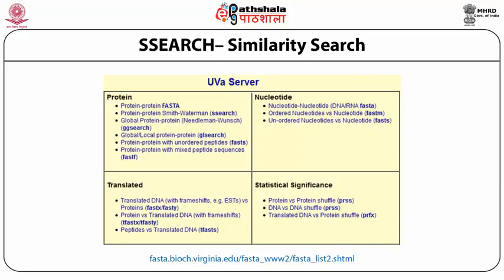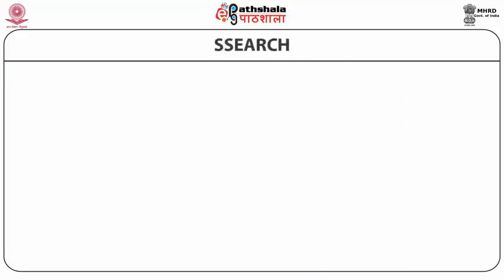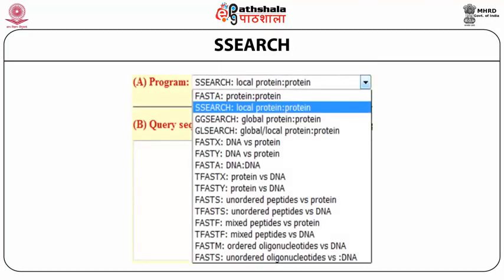These programs have a common web interface which has 4 sections each. Section A of S-search allows for selecting a program for search based on local, global, or global-local dynamic programming alignments. Select S-search, that is the local protein-protein option, for the present example.